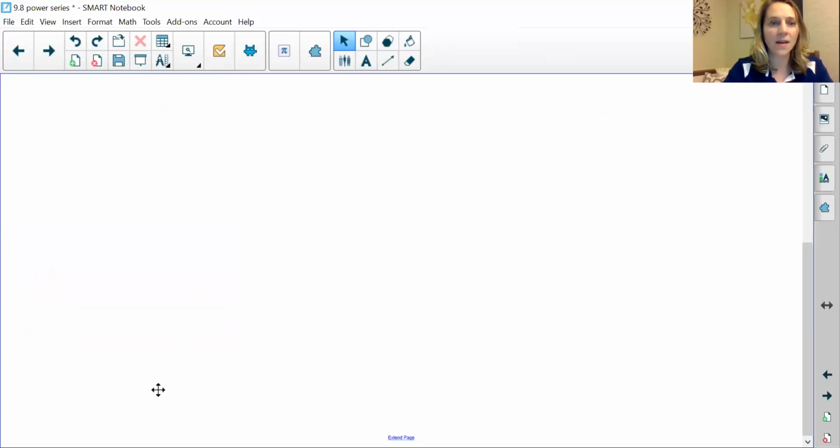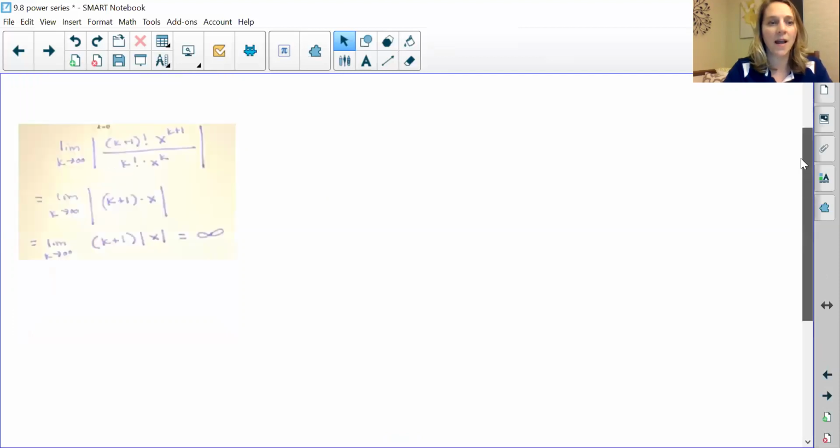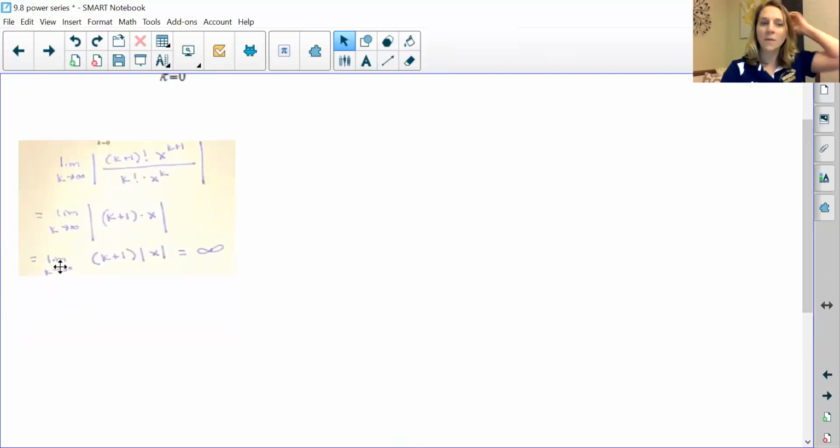Okay, so then we take a look and see, what's going on as k is going to infinity? We don't really need the absolute value here for k plus 1, because that factor is always going to be positive, so I can just bump out that k plus 1. And so I have k plus 1 times the absolute value of x.